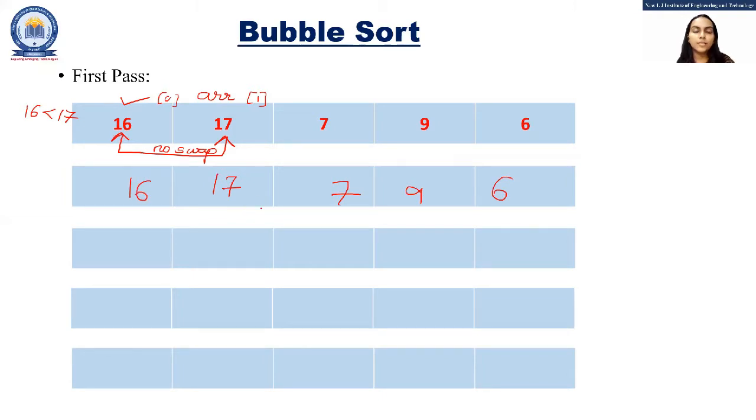Now the next step would be comparing the second with the third element. This time 17 is not less than 7, it is greater, so we need to swap these two, right? So 17 and 7 would be swapped. So it would be 16, then 7, then 17, 9 and 6.